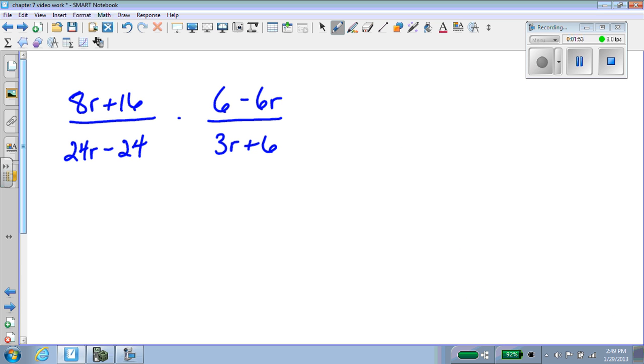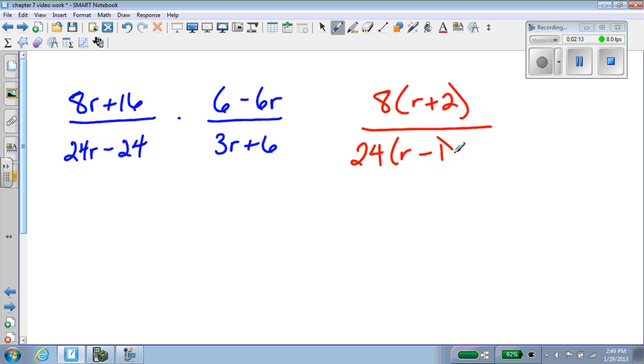How does it play with binomials or trinomials? Well, again, we have to do some factoring before we can contemplate canceling things. So here we have 8 times r plus 2, greatest common factor. We have 24 times r minus 1, again greatest common factor. We have 6 times 1 minus r, and we have 3 times r plus 2.